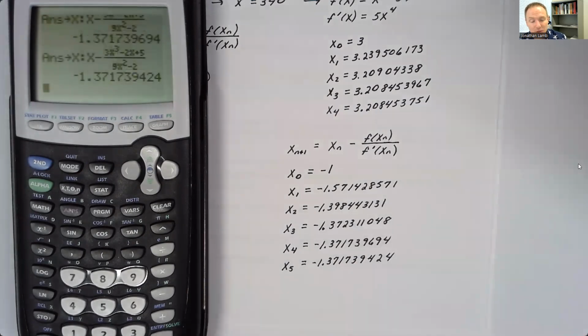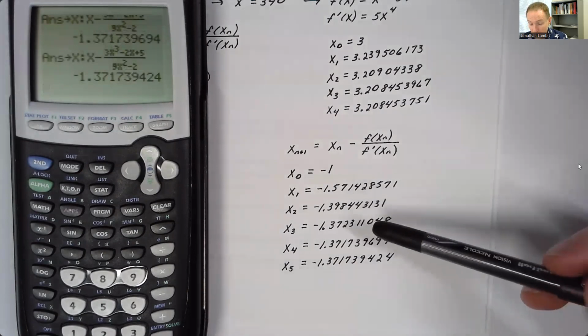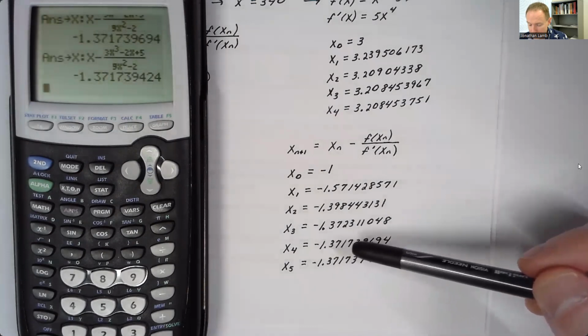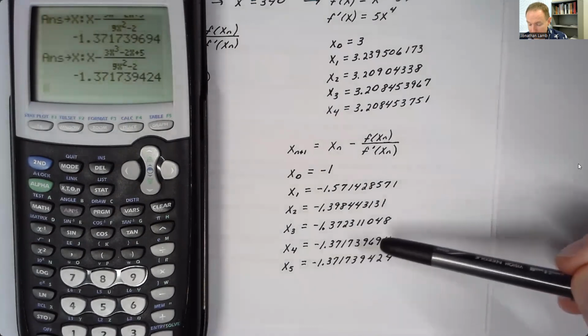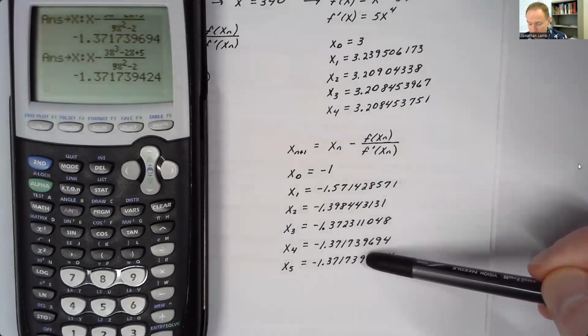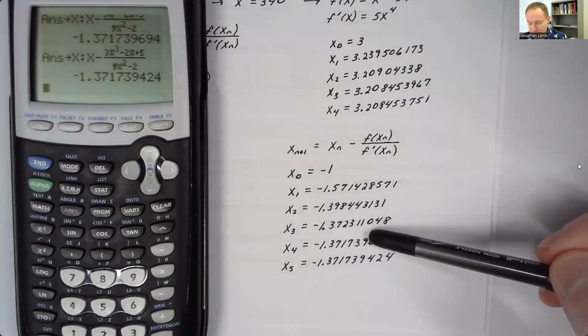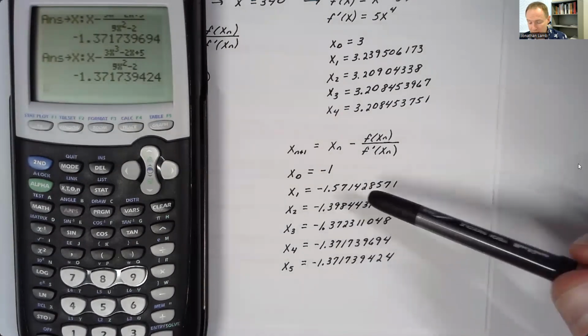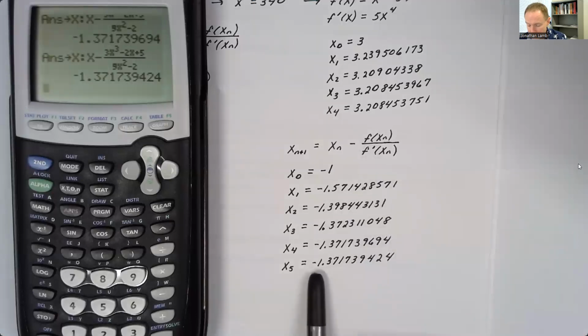By the time you get to your fifth refined guess, we can see that the first 1, 2, 3, 4, 5, 6 terms all repeated. Now, we wouldn't notice 6 decimal places since this would round up and this would round down. Doesn't matter because I'm only asking for 4 decimal place approximation.